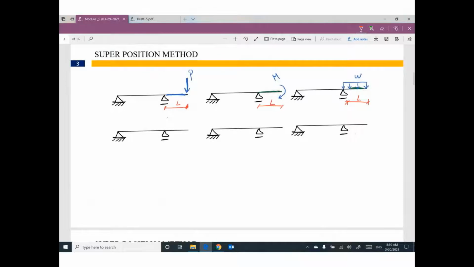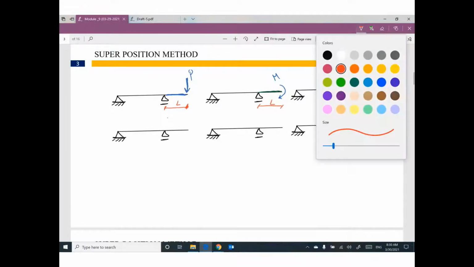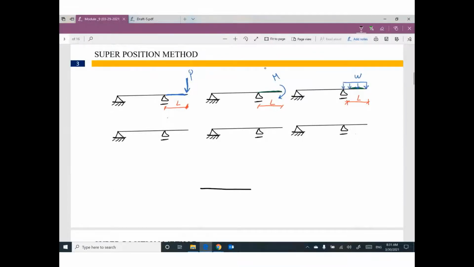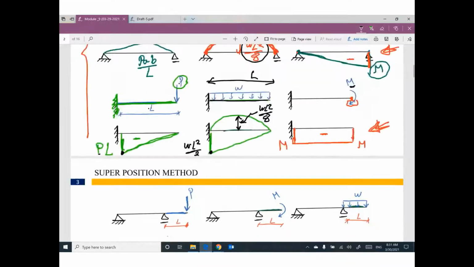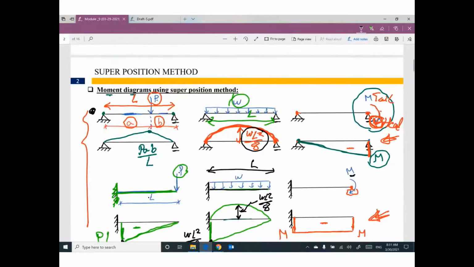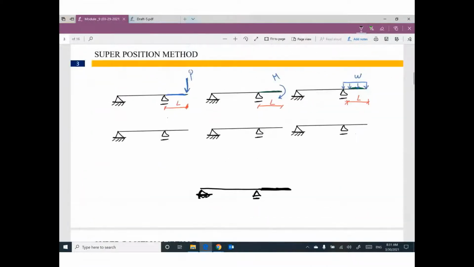Okay, now what will happen if you have a simply supported beam between hinge and the roller and you have a cantilever? So it's a combination between this case and this case. What will happen? Okay, let's see.